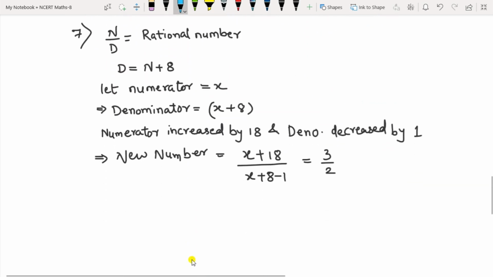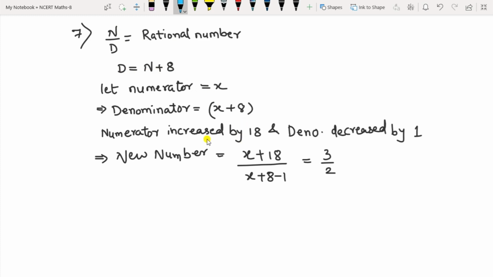Question number 7 is given as, you have to find a rational number whose denominator is 8 more than the numerator. Okay. So let n by d be the rational number. Denominator is 8 more than the numerator. So if the numerator is x here, the denominator will become x plus 8.